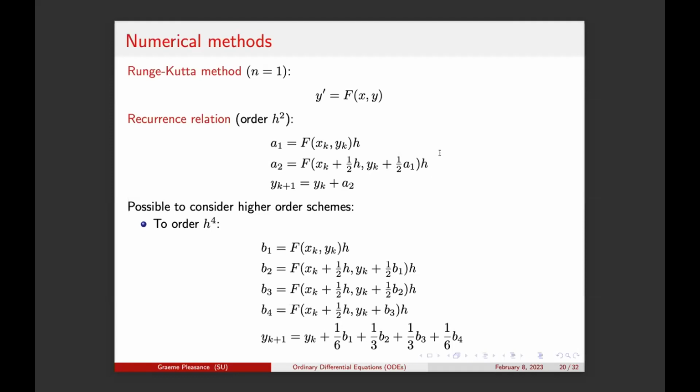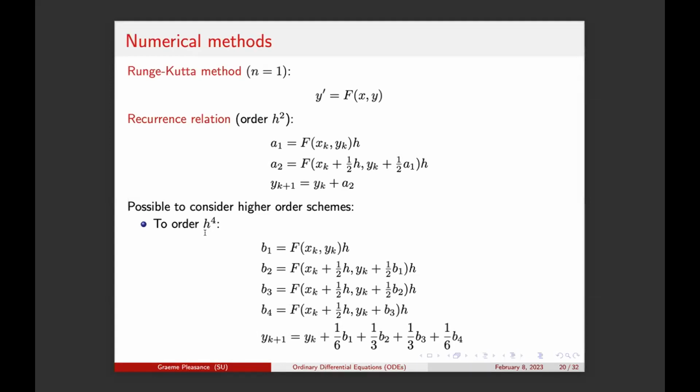So yeah, this gives you the iterative procedure that you apply with the second order Runge-Kutta, and then you can also develop schemes that go to higher order. For example, at fourth order in the step size, you implement this iterative procedure to find the value of y at x_{k+1}.